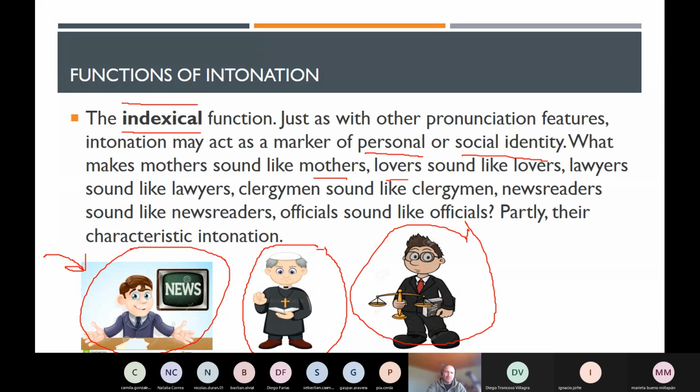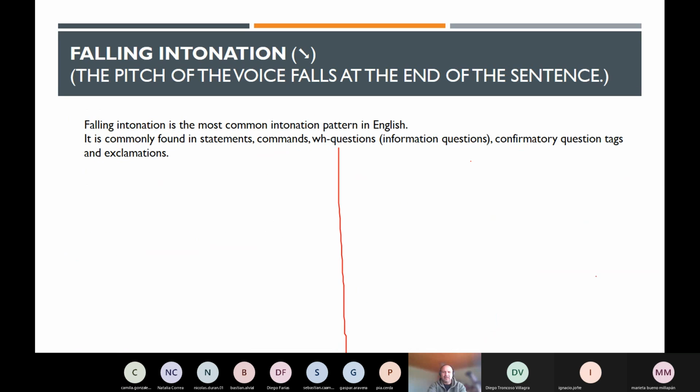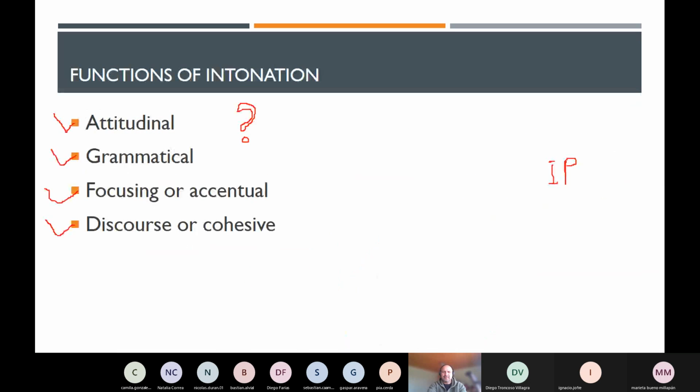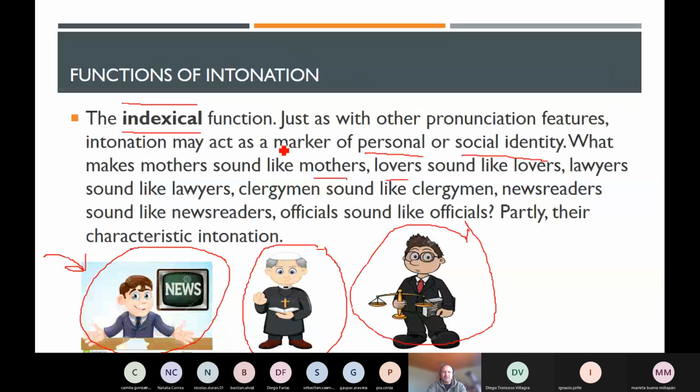If you are a lawyer, if you're a doctor, if you are an engineer, if you are a teacher, you usually tend to sound and talk in a specific way. So you are recognized sort of socially, so you can have this marker, that's the word marker, right? Of personal identity or social identity, or that you belong to a group.